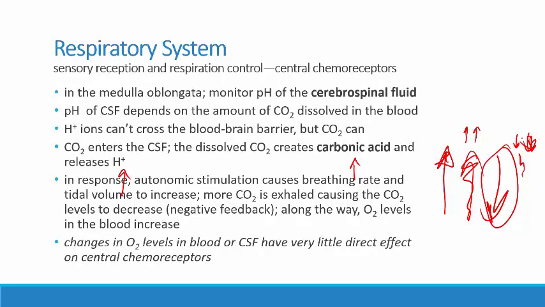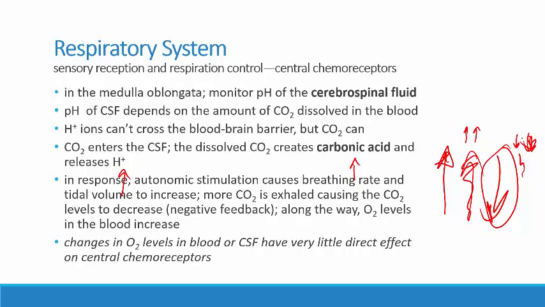But actually, it's high carbon dioxide causing acidic blood, or acidic CSF, that stimulates increased breathing rates that then result in decreased carbon dioxide again. So it's negative feedback systems around carbon dioxide that result in control of the rate of breathing.